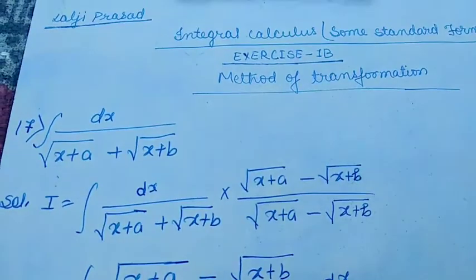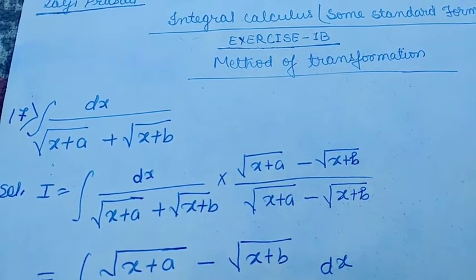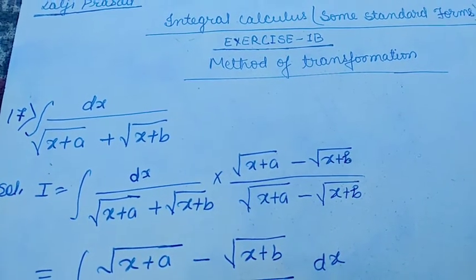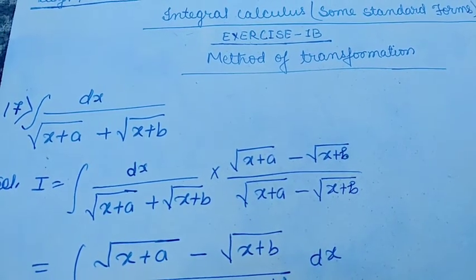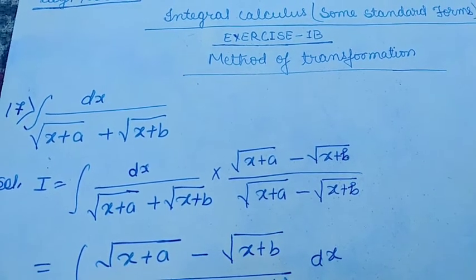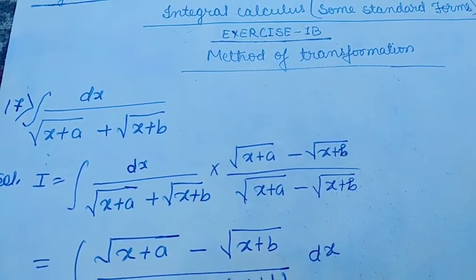So now moving to the next question, which is question number 17. The question is integration of dx upon square root of (x plus a) plus square root of (x plus b). All the questions from question number 13 to 20 are in the same pattern.